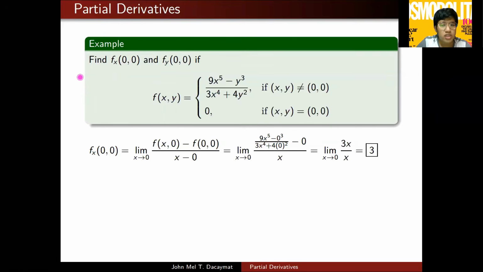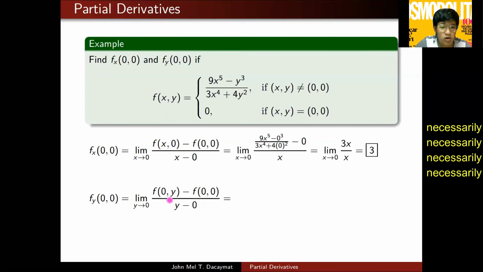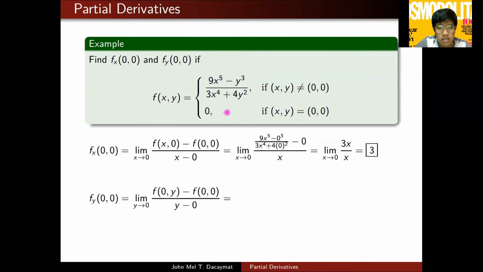Okay? Punta naman tayo sa derivative with respect to y ng ating function. So, apply ko lang. F of a, y minus f of a, b, no? Over y minus b as y approaches b. In this case, may b 0. Again, since y just goes near to 0 but not necessarily 0, 0, y is still plugged into this, not to this. Okay? So, I replace all x with 0 and retain y.